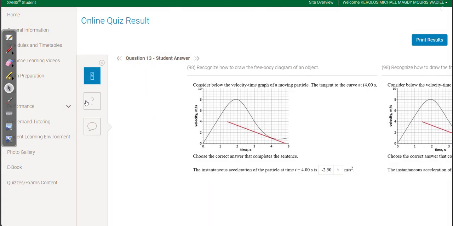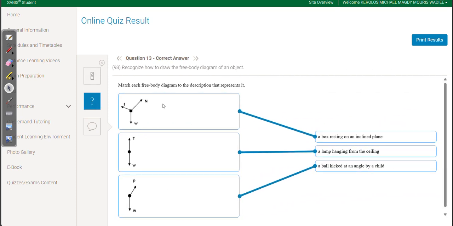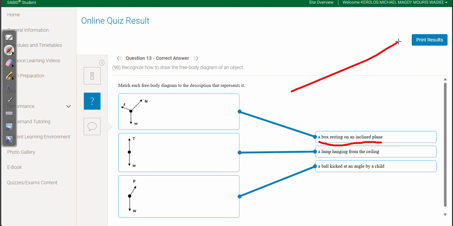Next question. I'll remind you, a free body diagram is basically a diagram in which the object is represented by a dot, and all we have to do is draw all the forces acting on that object. So here we have a box resting on an inclined plane. This is your inclined plane, this is your box. Weight will obviously be downwards.